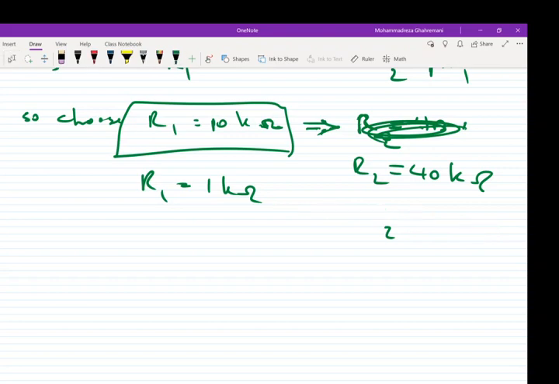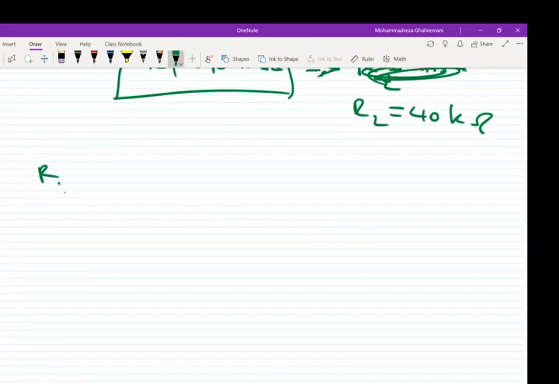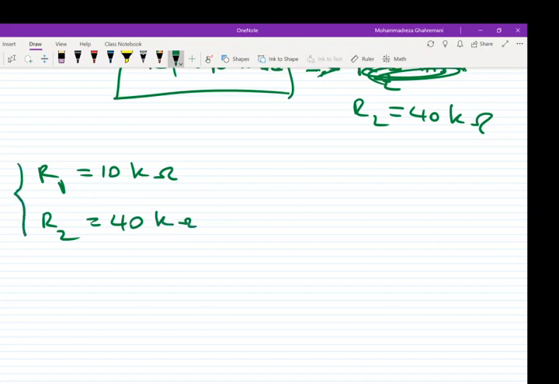So let's just consider the 10K and 40K. So far we have R1 equal to 10 kilo ohms and R2 equal to 40 kilo ohms. Based on these values, gain is negative 4.